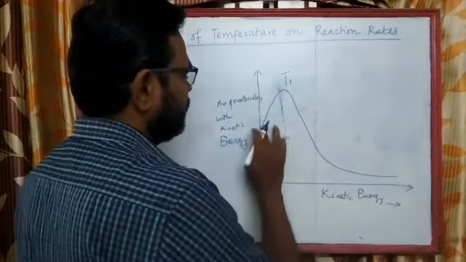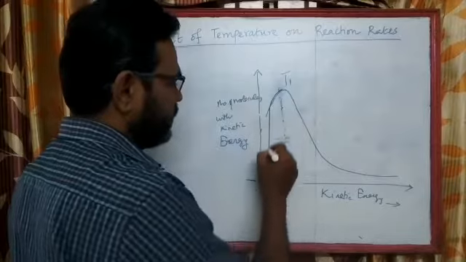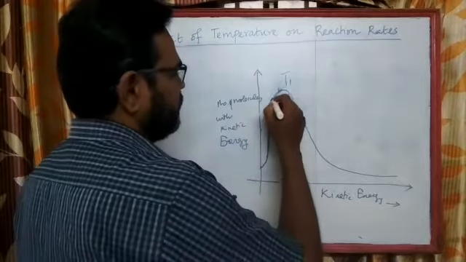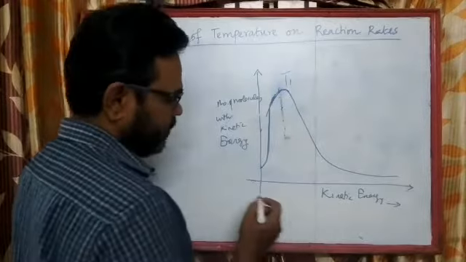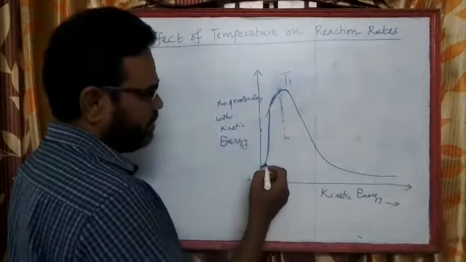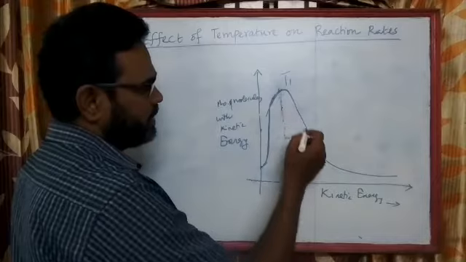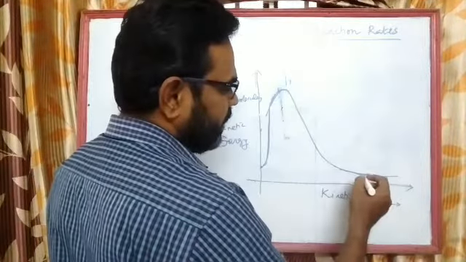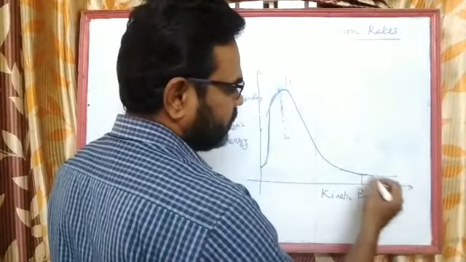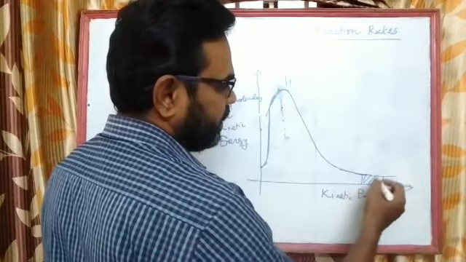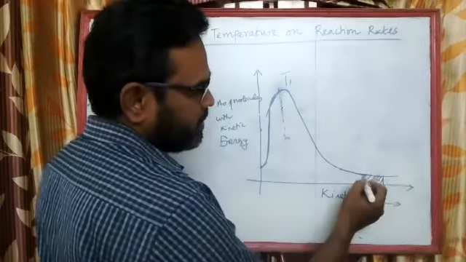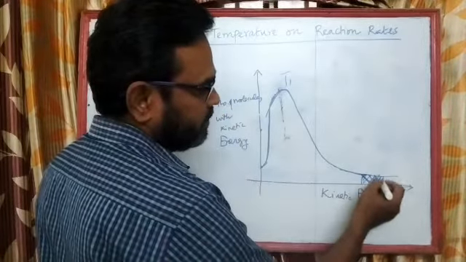Temperature T1, this curve explains the number of molecules with kinetic energy. If I increase the temperature, the number of molecules with kinetic energy increases and passes this way. So this is the maximum kinetic energy that the molecule possesses during a chemical reaction.